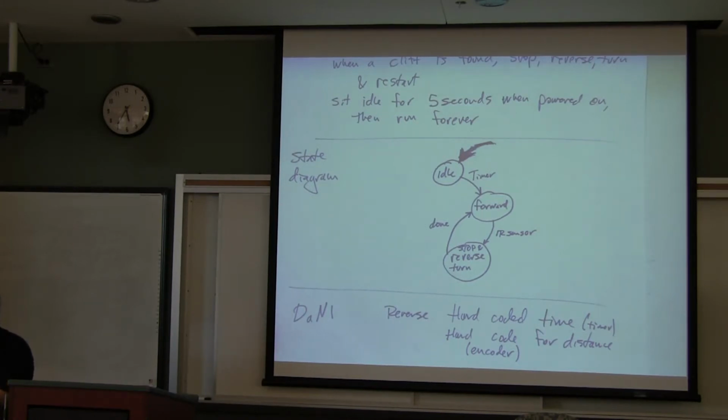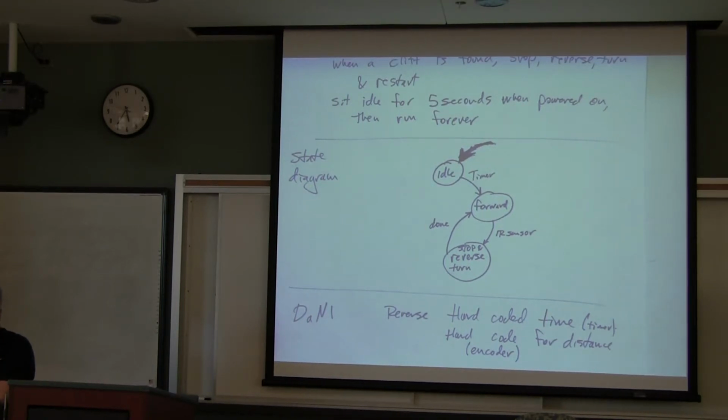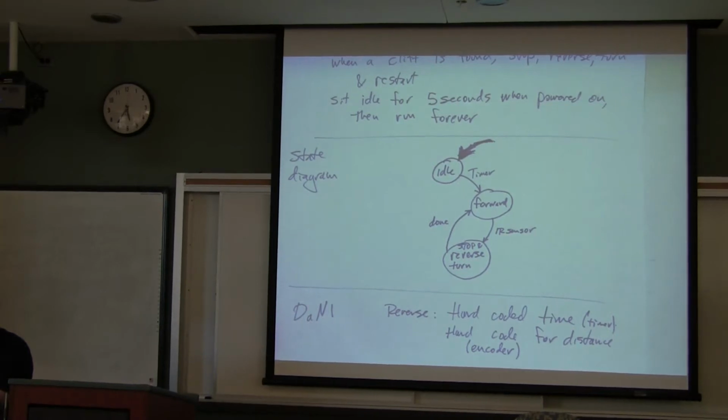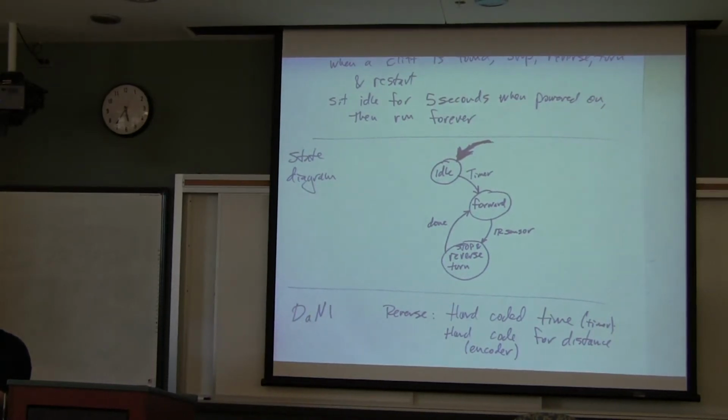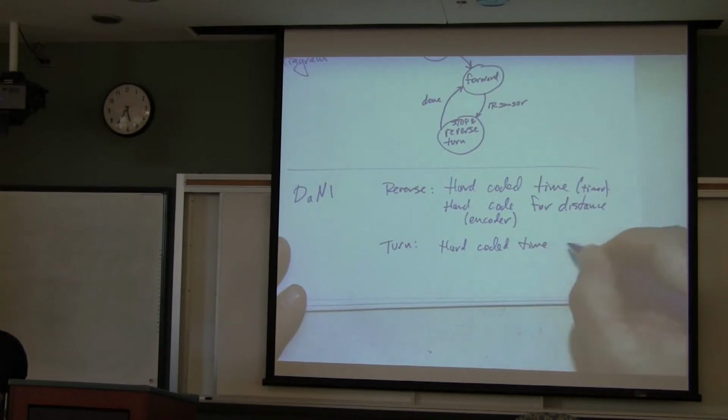So in this case, your encoder is going to be serving as your sensor, as opposed to the timer if you're going back a certain amount of time. So it could be one or the other, right? Whatever you identified up front. So from that respect also, to turn, you can hard code a time.